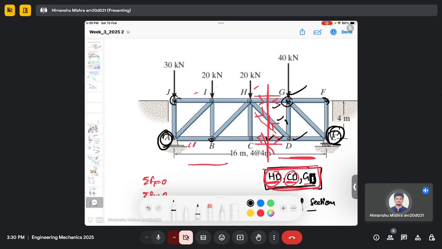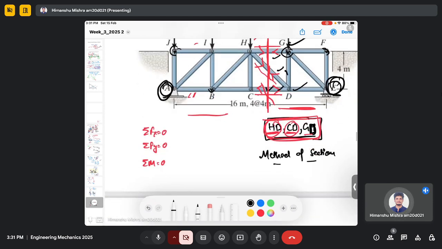By known forces, I mean these external forces. So when you use the method of section, it is always preferable to first calculate the reaction forces.